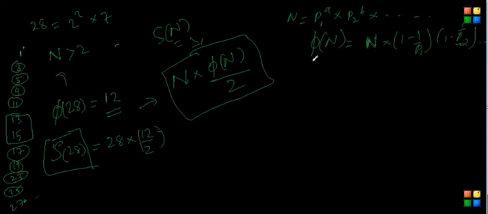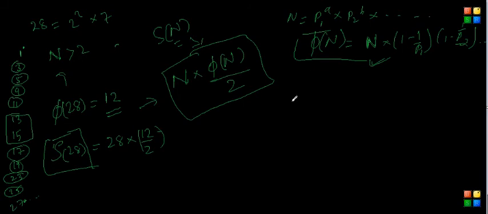This is a result which can also be derived. I will take up a video session in the future to show you how we can derive the value of phi of n, and in particular this expression. But for the sake of this session, let's only concentrate on the result here.